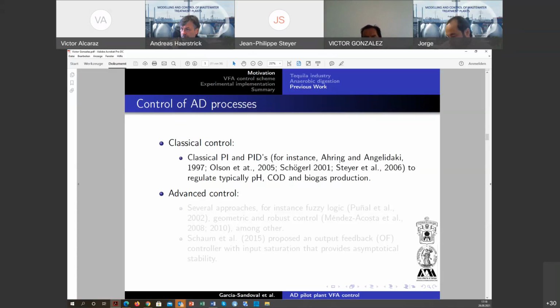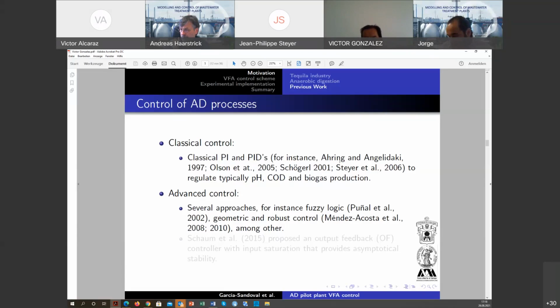Several approaches, of course, have been developed over the years, from the classical textbook proportional integral and proportional integral derivative controllers to regulate pH, COD, and biogas production.